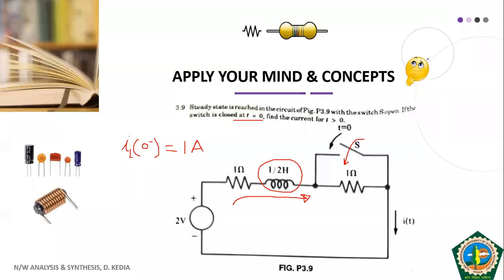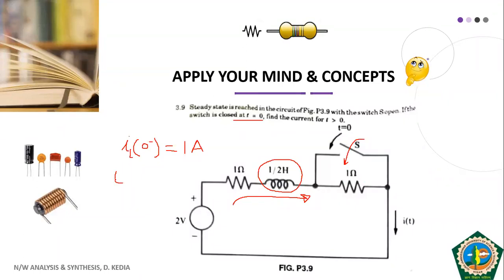Okay, students, keep one thing in mind. When we find the value of tau, that is the time constant, for our RL or RC circuit, that time constant has to be obtained only for the condition t greater than 0, not before that, because after t greater than 0, your situation changes. So you can observe that here.